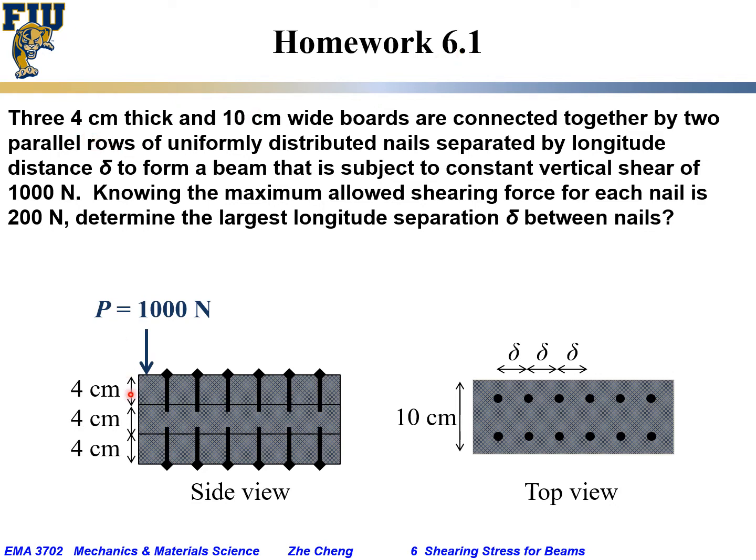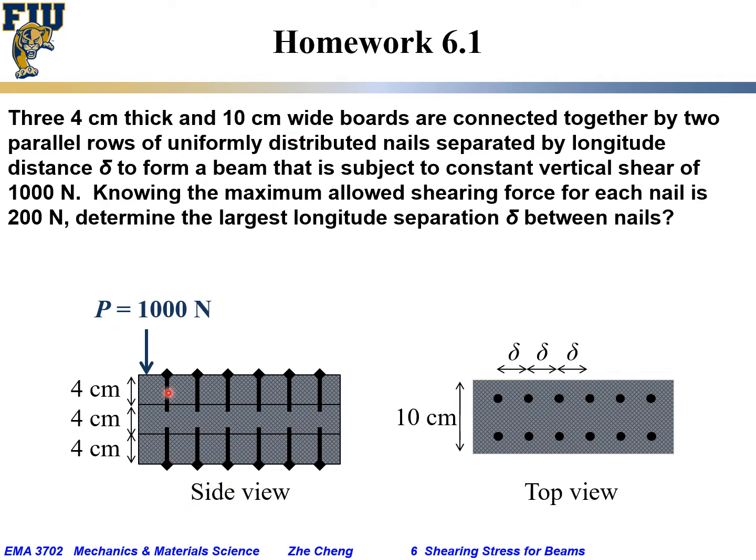The boards are 4 millimeters thick. So from the side view, we have 3 boards, each 4 millimeters thick, and 10 centimeters wide. If you look from the top, it will be 10 centimeters wide. The side view and top view are connected together by two parallel rows of uniformly distributed nails separated by distance delta.